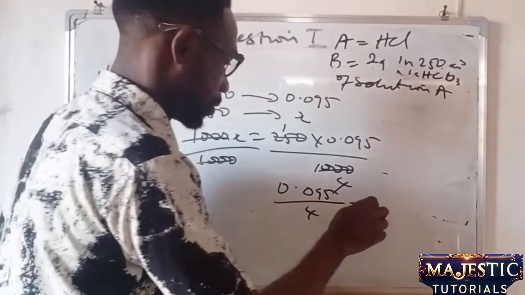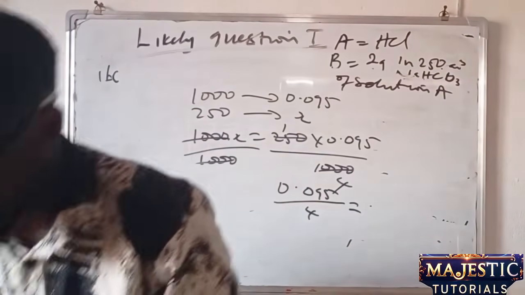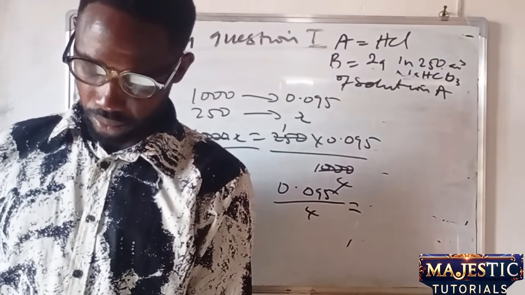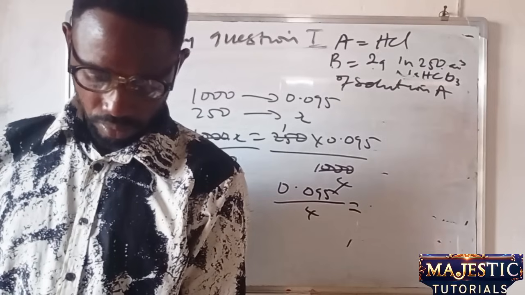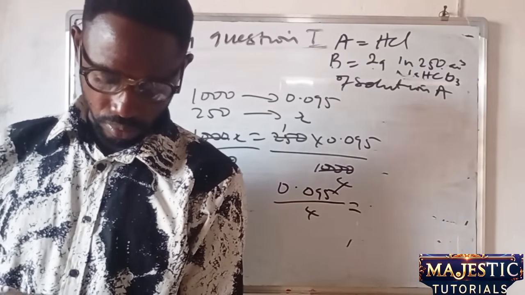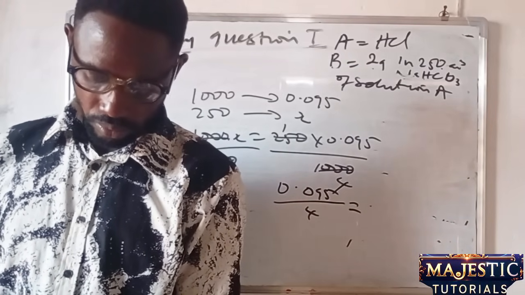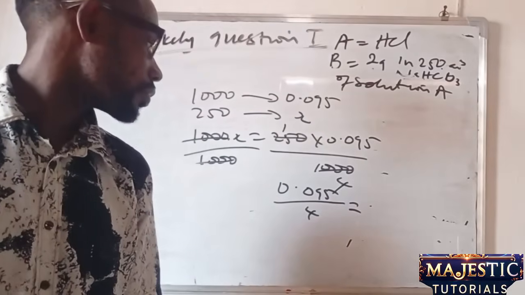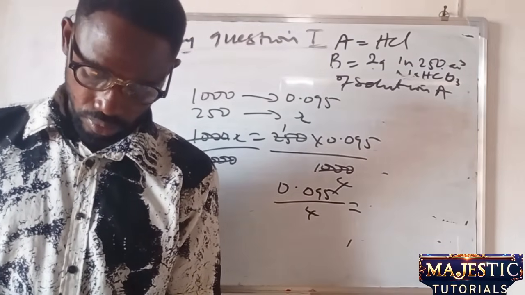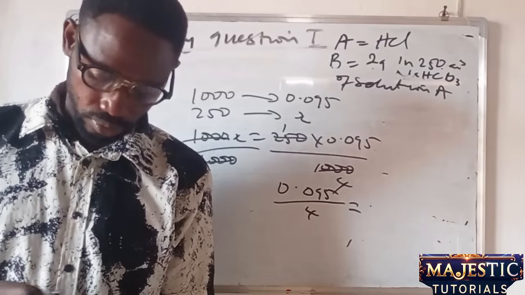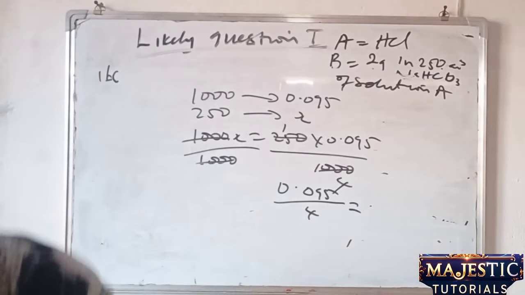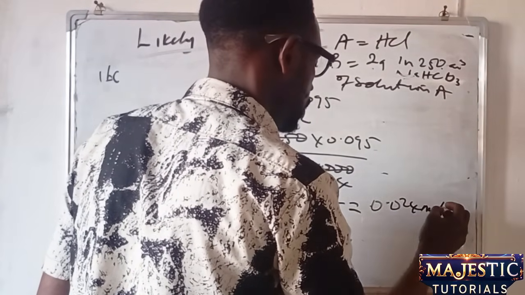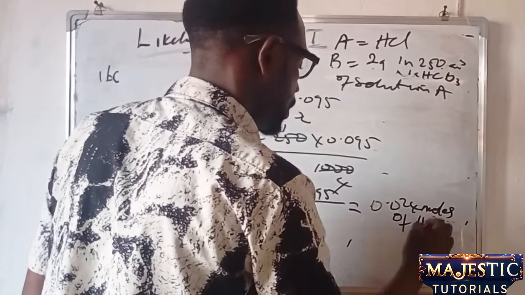Okay, this will give us 0.024 moles, 0.024 moles of what? Of HCl.